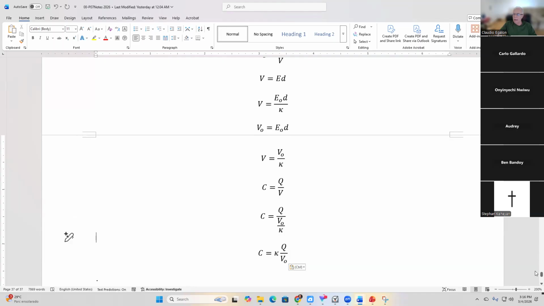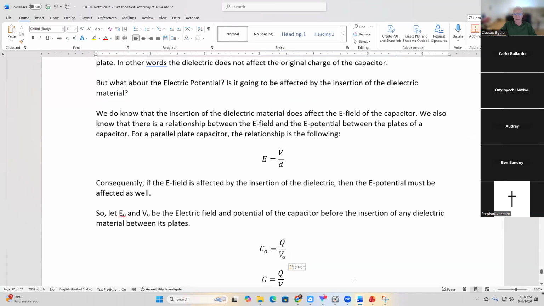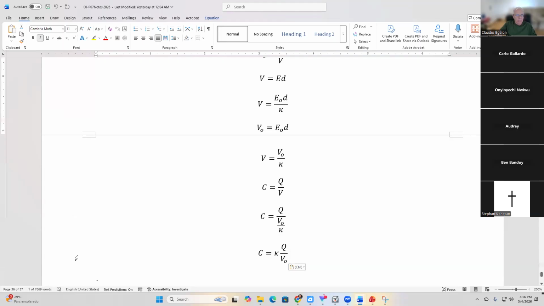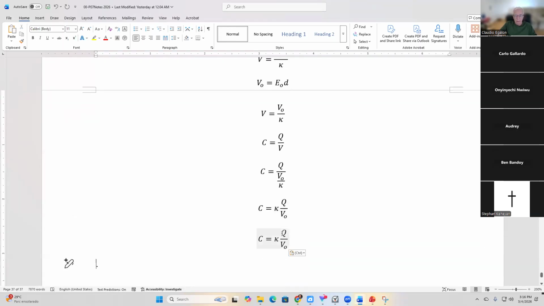And let's not forget that the original capacitance without the dielectric, just with vacuum between the two plates, is Q over V naught. And look what happens to the new capacitance when we insert the dielectric. When we insert the dielectric, the new capacitance becomes greater than the previous capacitance. Okay?